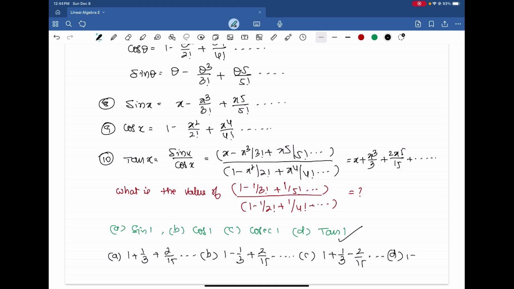D, 1 minus 1 by 3 minus 2 by 15 plus so on. What is the correct answer? Correct answer is this one. So, either of this way, a series divided by another series, we got a fixed value, either in the tan 1 or in the other series form. This is the beauty of the series.